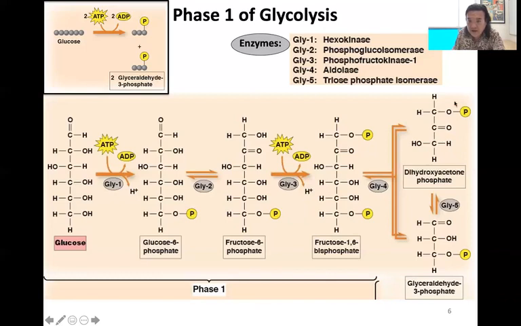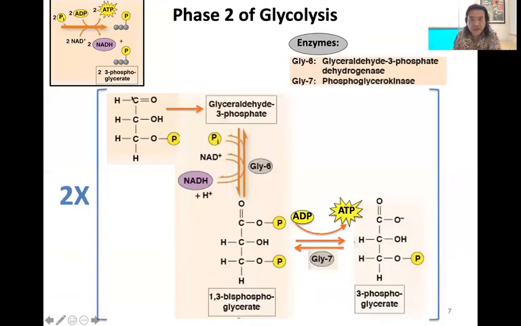The upper part is dihydroxyacetone phosphate, but you have an enzyme that easily converts that into glyceraldehyde 3-phosphate as well, right? So the end of phase 1 is you end up with 2 of these glyceraldehyde 3-phosphates, or G3Ps. Right? Let's start with the G3P on our next slide, where we look at phase 2.